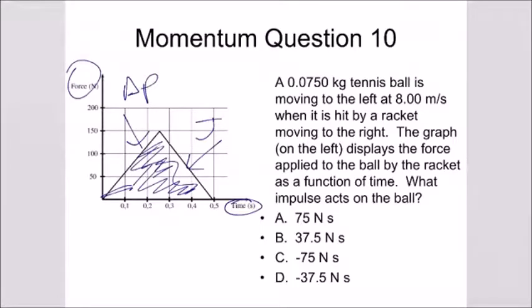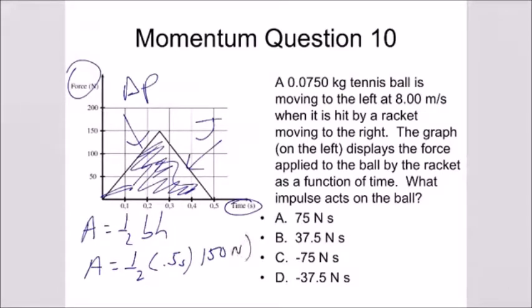Well, this is a triangle, and we know to find the area of a triangle, we're going to use 1/2 base times height. So the base here has a length of 0.5, and that's seconds. And the height is about 150 newtons.